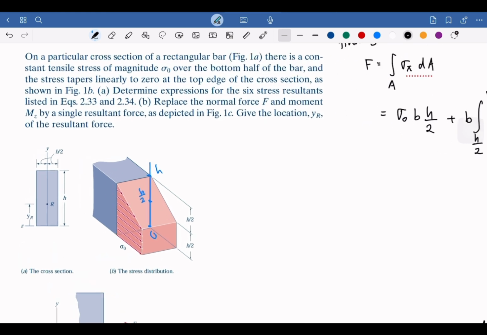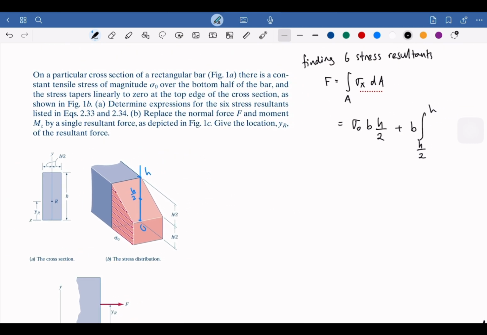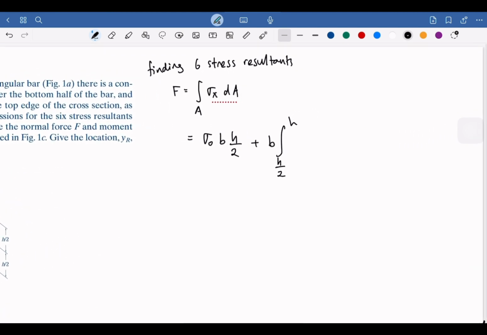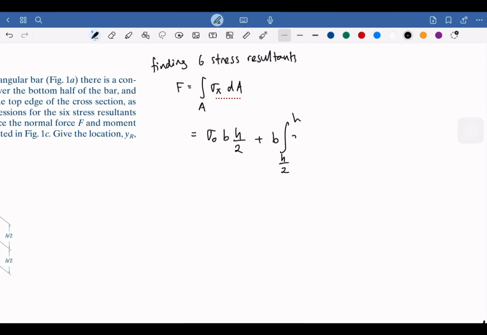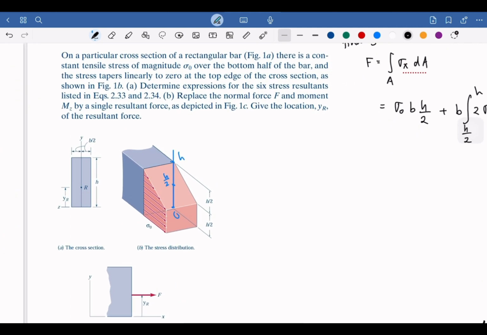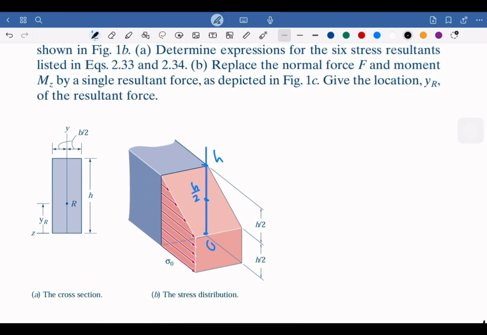And then we define the h and the b over 2 and yR. So we write here 2 multiplied by sigma 0, and this is y.